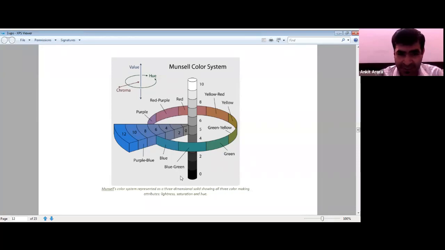What is happening in the Munsell color system is that it is a 3D solid representation where all three make different attributes. You have lightness, saturation, and hue, which is the most correct form of depicting different colors. In the value portion, you have a range from black to white, and the hue part is taken care of by the different colors.